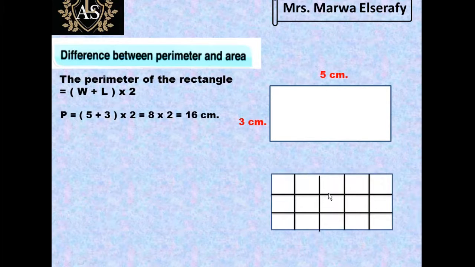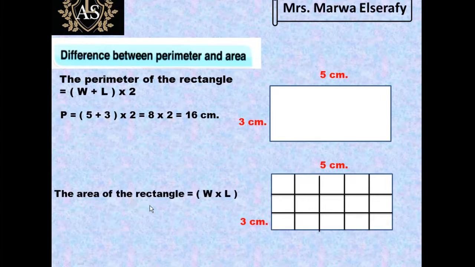If I have the same rectangle and the same dimensions, 5 centimeter and 3 centimeter, 5 centimeter is the length and 3 centimeter is the width. And now I want to get the area. Do you remember the rule of the area of a rectangle?